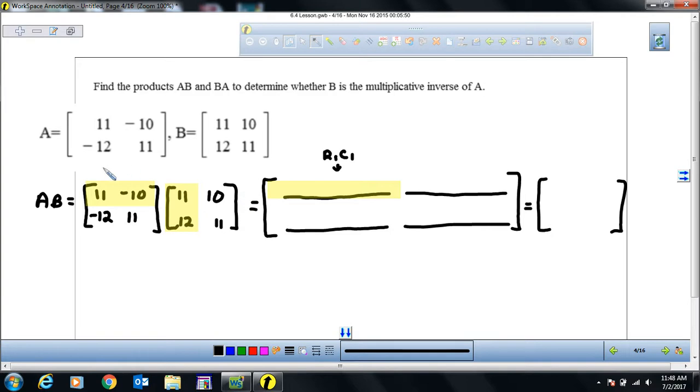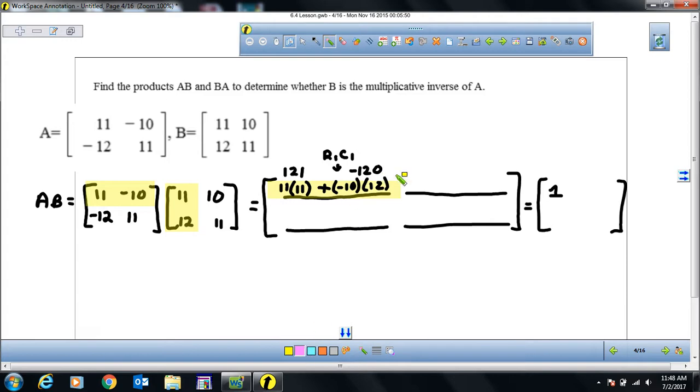And we multiply them in the order in which they appear: the first times the first, and the second times the second. So 11 times 11 gives us 121, and then plus the negative 10 times the 12 gives us negative 120. So 121 plus negative 120 gives us a 1.